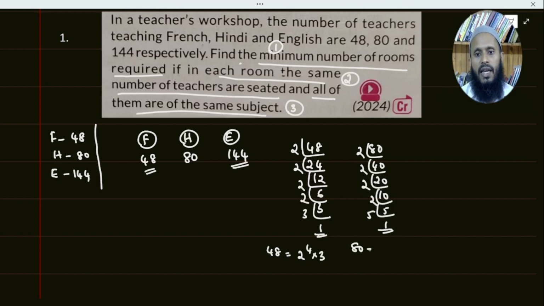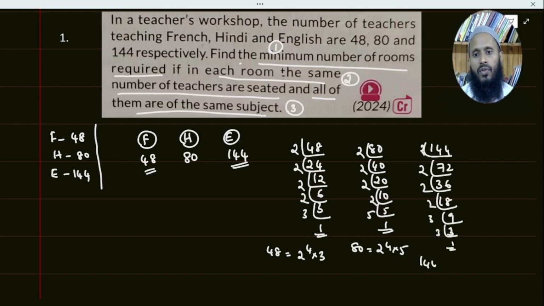So 80 I can write as 2 raised to 4 into 5. And the last one, 144. 2, 72, 2, 36, 2, 18, 2, 9, 3, 3, 3, 1. So 144 I can write as 2 raised to 4 into 3 square.